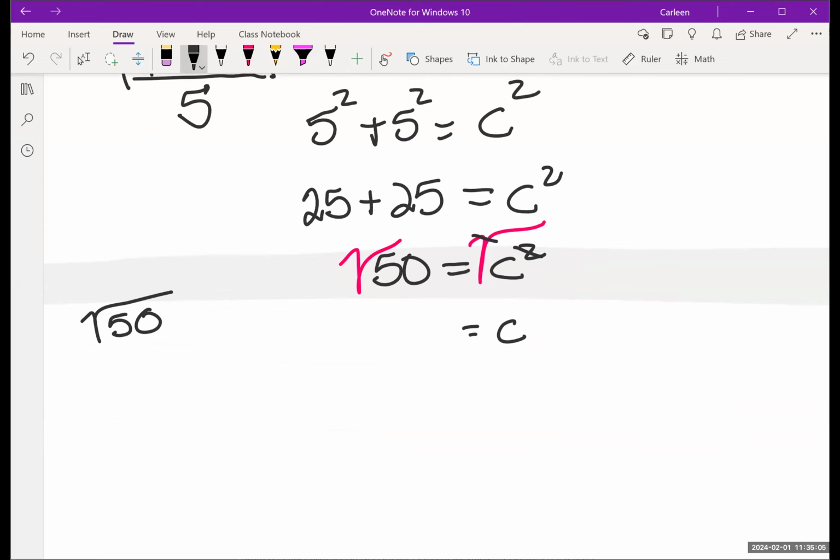Not a decimal, simplified. Okay, we are going to split it into the biggest perfect square and the leftovers. So the biggest perfect square is 25 and the leftovers is 2. I got that from the chart of factors.